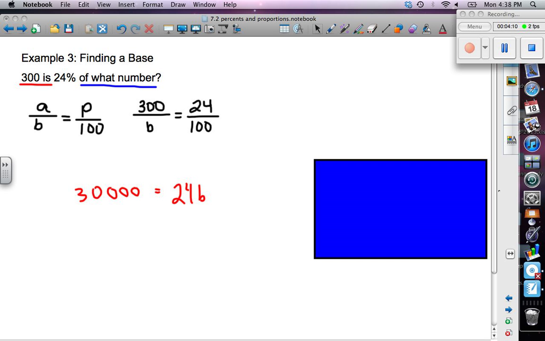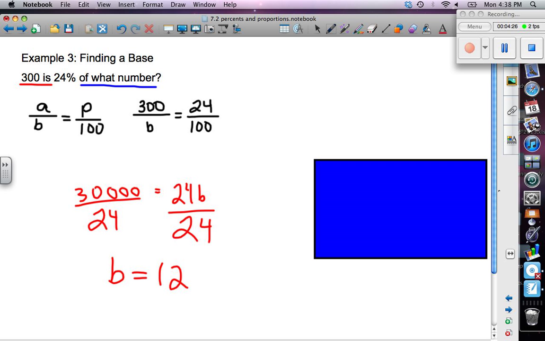Divide both sides by 24 to get our answer of B equals 1,250. So we could always go back and check this. You could plug it back in, divide 300 by 1,250, and make sure it comes out to be the same as 24 divided by 100.